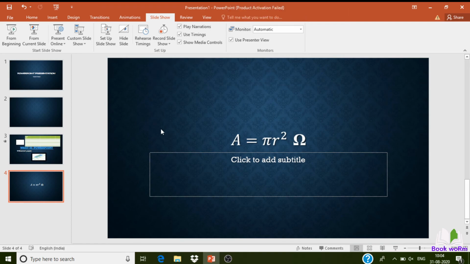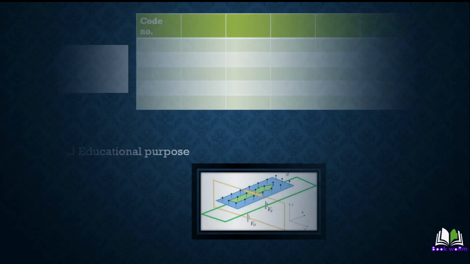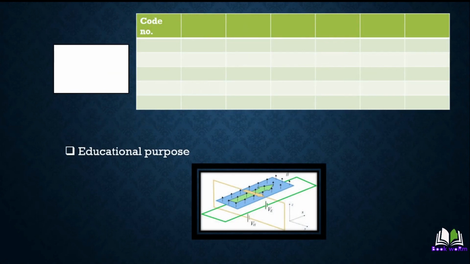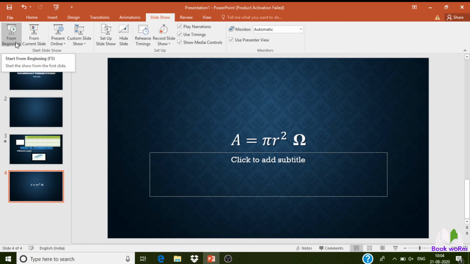And when your presentation is done, you can click from beginning, and your presentation will be shown from the first slide, and your presentation is over, and you are ready to present in front of anyone.